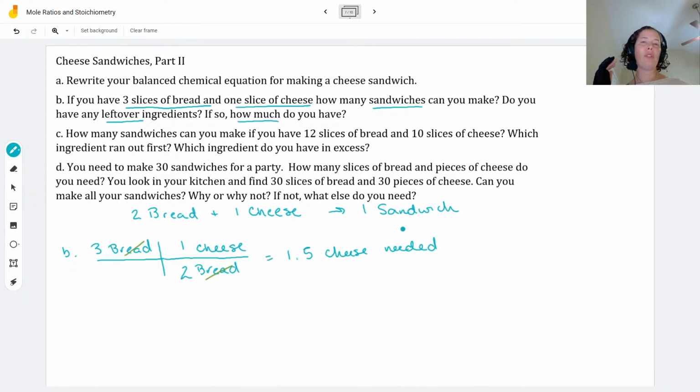So again, if I'm going to use up all of those 3 slices of bread, how many slices of cheese do I need? Well, I need 1.5 slices of cheese. Do I have 1.5 slices of cheese? Well, let's go back to the problem. And if I go back to the problem, I can see that I only have 1 slice of cheese. So I do not have enough, or let's just say not enough.